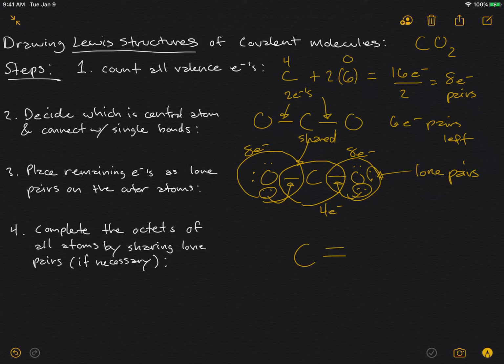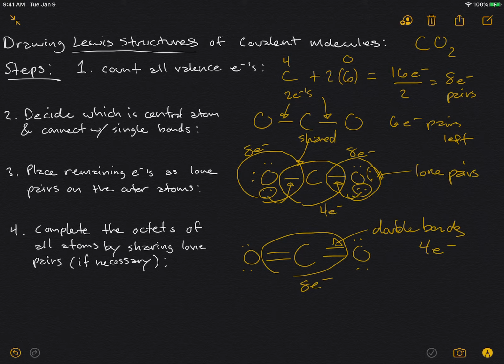And when that happens, we have 2 double bonds. So now carbon has 8 electrons. These are called double bonds. They count as 4 electrons, and they belong to carbon and oxygen.